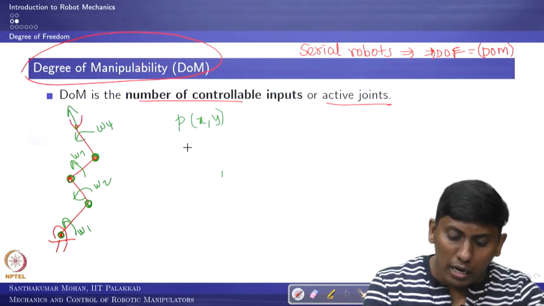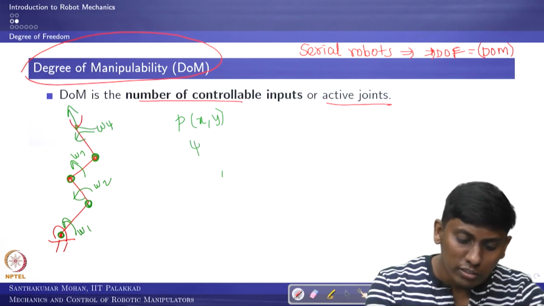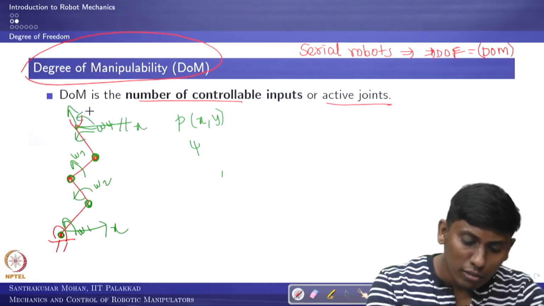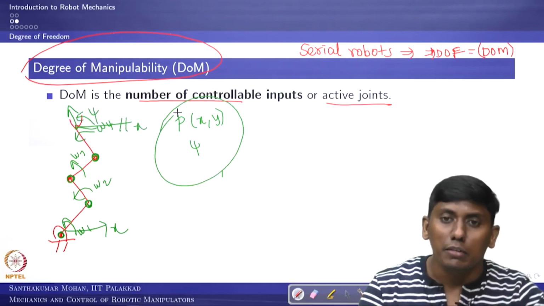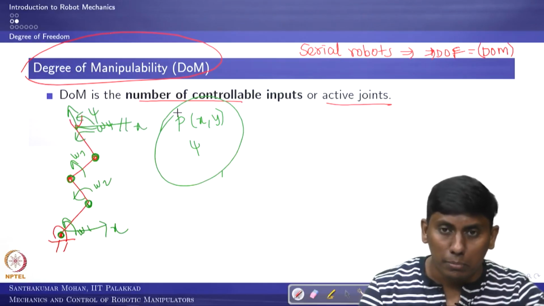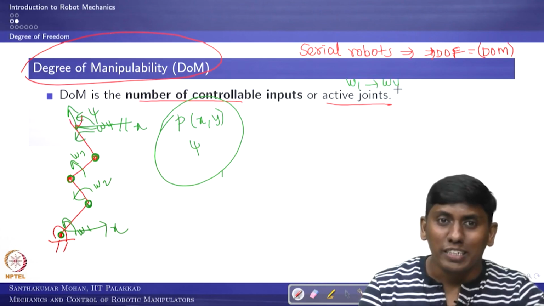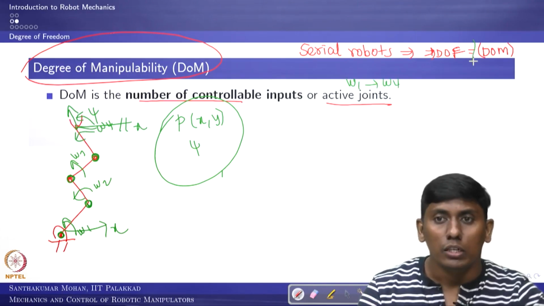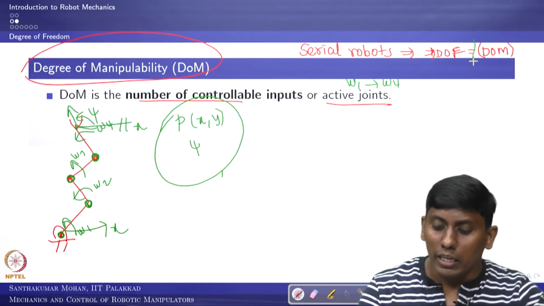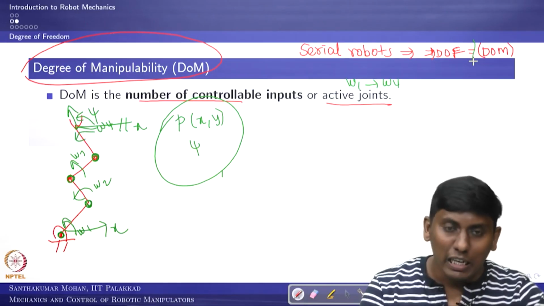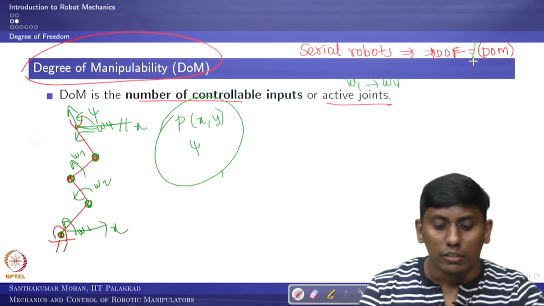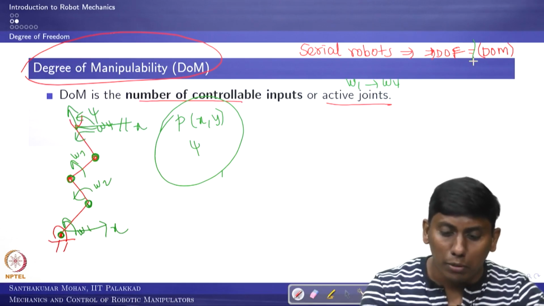So p x, p y and the orientation, which I call phi, is with respect to the x axis; this is parallel to x. In the sense, these 3 are the minimum number of variables to describe the system. But how many controllable inputs? Omega 1 to omega 4, in the sense 4. Now you can see that even though it is serial, it does not have the degree of freedom matching the degree of manipulability. In most cases these are the same, but you can see in even one simple instance this is not the same. Now you are clear what manipulability is.